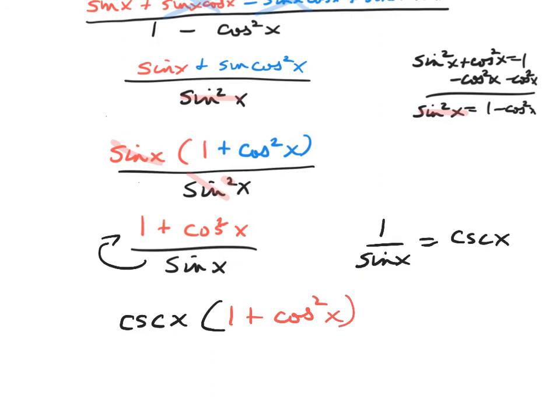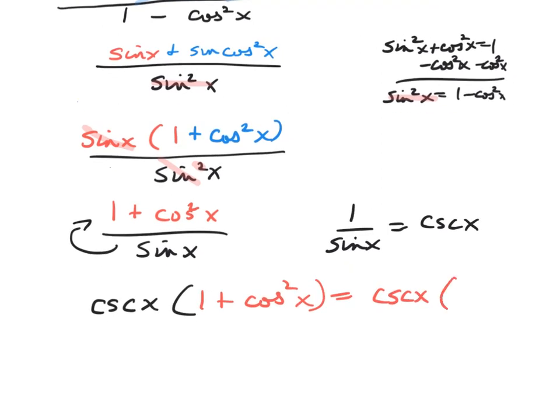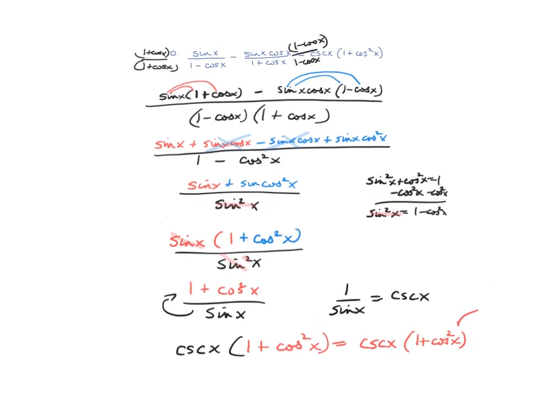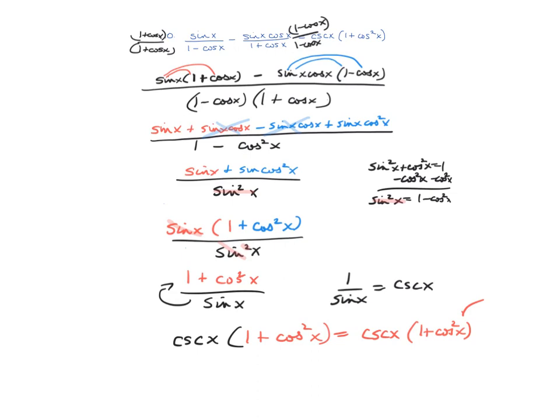And this is what I was trying to make it. This is what I was trying to verify. So cosecant x times 1 plus cosine squared x. It verifies. So again, the answer to a question like this on the quiz would be all of this work. And just make sure that all of your work makes sense logically.